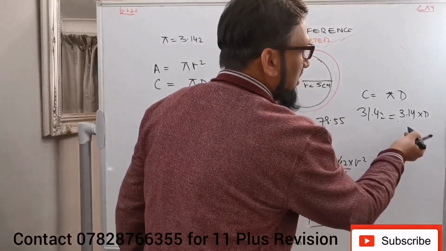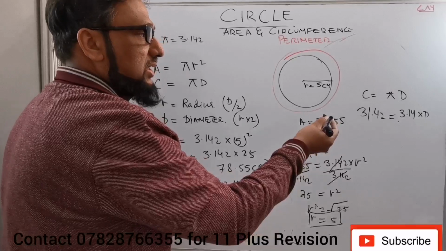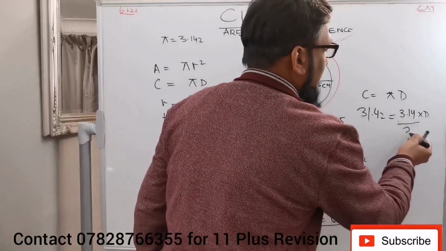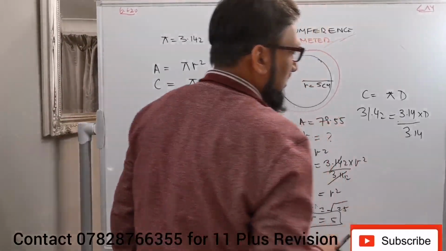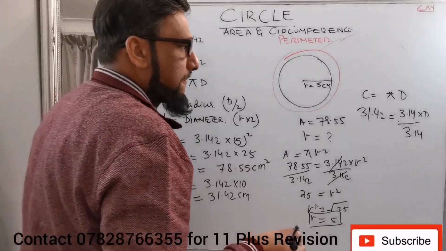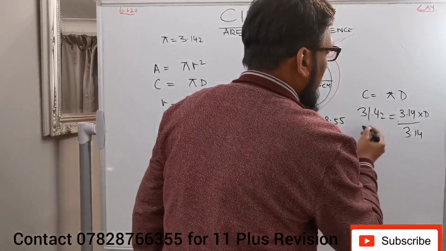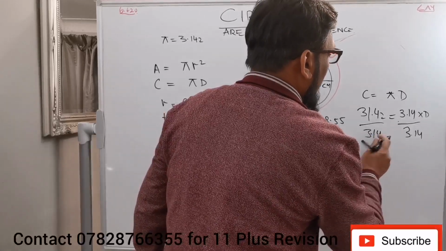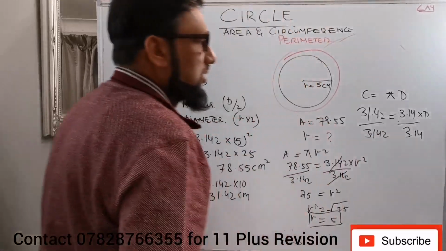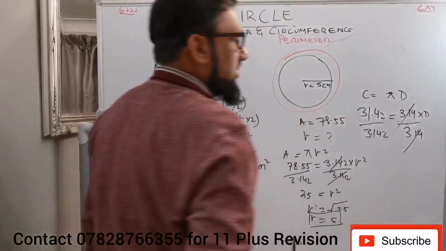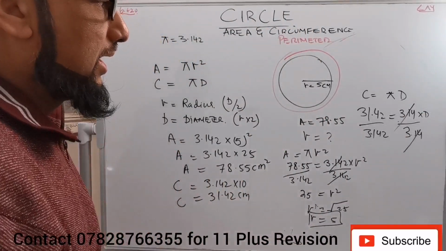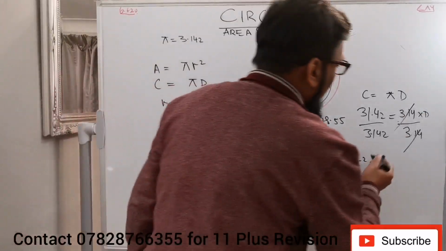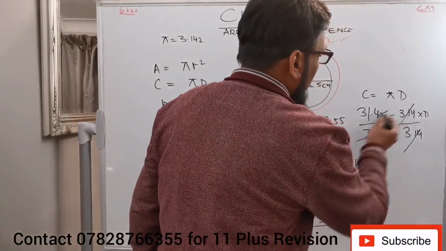This is times, so when you move it to the other side, you divide: 3.142 cancels 3.142, and 31.42 divided by 3.142 gives 10.